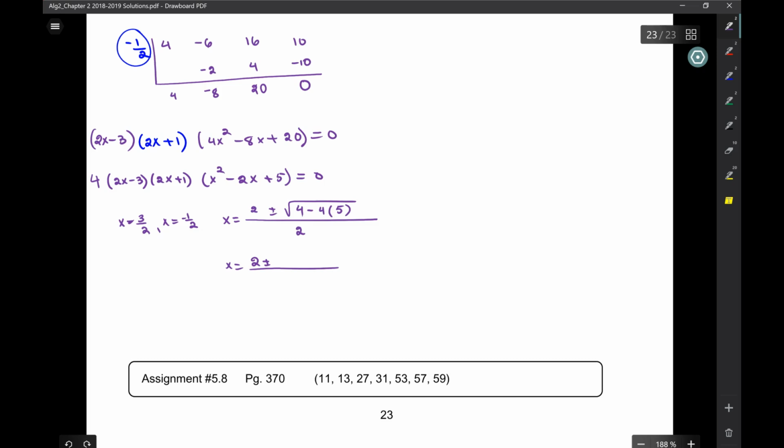No, I'll get you in a minute. Let me finish this one here. So 2 plus or minus negative 16, is that right? Over 2. 2 plus or minus 4i over 2. And what does that equal? 1 plus or minus 2i. And I already have 3 over 2, negative 1/2. All right, so those are my 4.